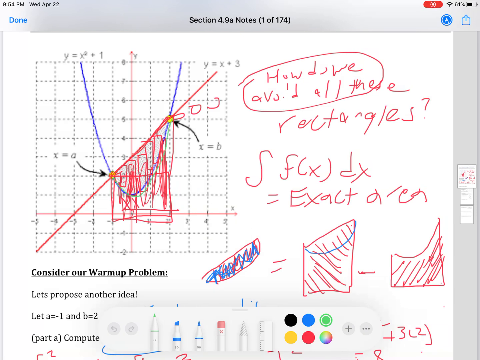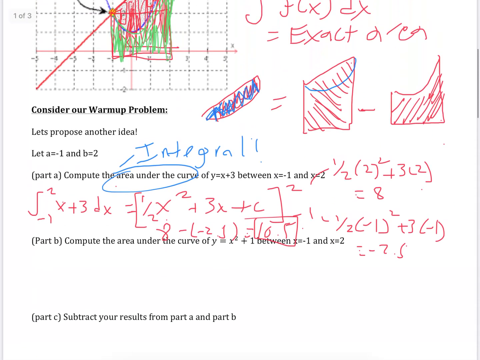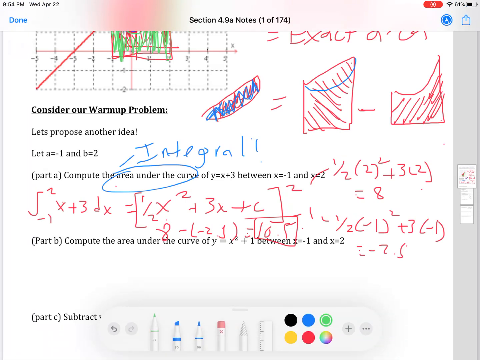We're taking this curve here, and taking that green area. Obviously, you can't fake the geometry in that. So we take the integral from -1 to 2 of x squared plus 1 dx.